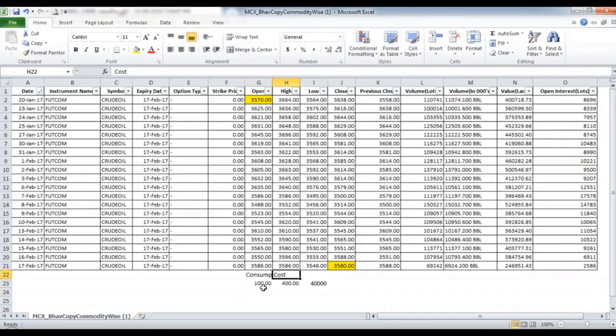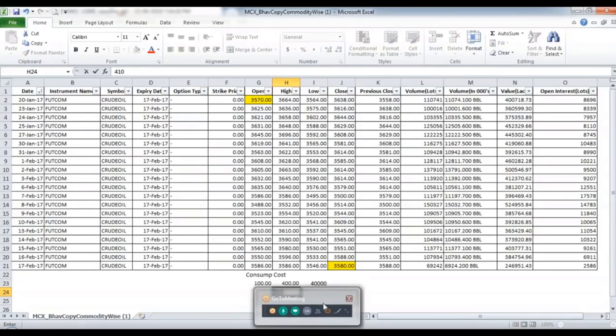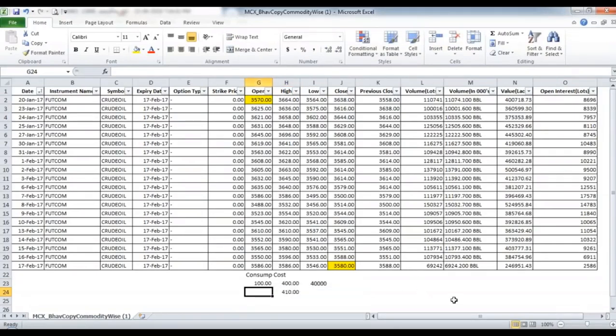Now their consumption is not going to change much. More or less, they'll be using what they are using, correct? Now say, owing to price fluctuations in the market, the price per barrel, which is 400 rupees, goes to 410 rupees. Their consumption is still 100, so what will be their overall cost? This multiplied by this.